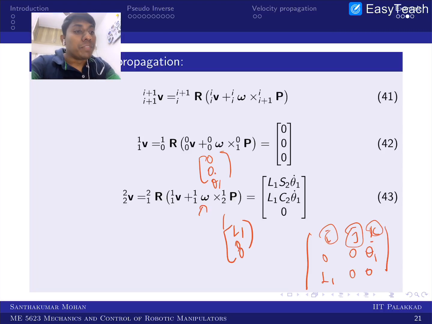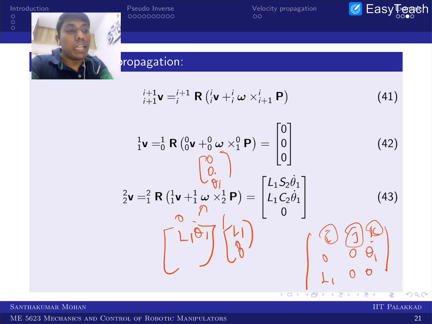So we can substitute that, and you get 0, L1 theta 1 dot, 0, and it is minus of minus, so it is plus.